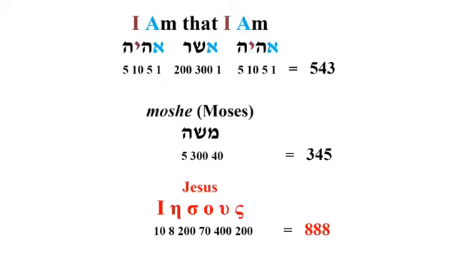If this Yahweh, the hand reveals, the nail reveals, if he's 543 and Moshe is 345, and they're going to be somehow parallel, when you add those together, you get 888, which again is Jesus in the Greek, the new beginning. Okay? It's a nice picture that God has put there that I'm seeing.